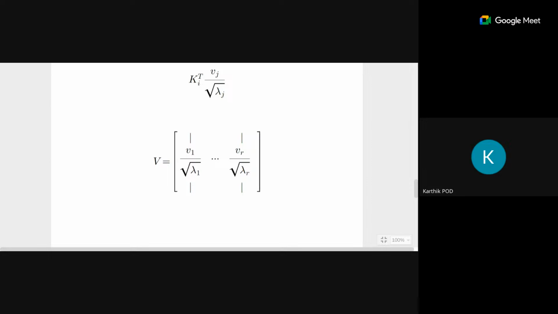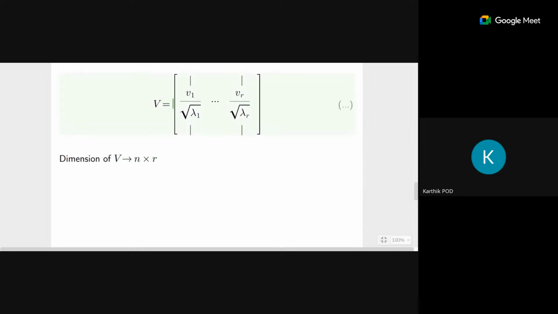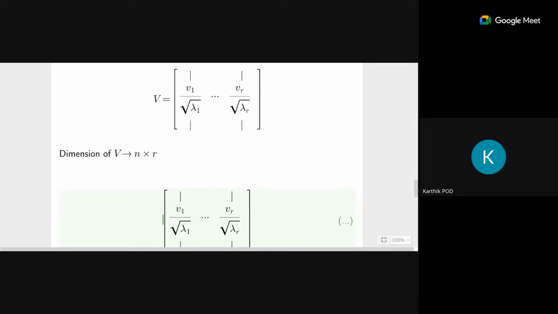What is the shape of V going to be? N cross R. Yes, that's correct. N cross R. Now, if I multiply K with this matrix, I'll use this same thing for now, instead of calling it V, I'll come back to this in a minute.